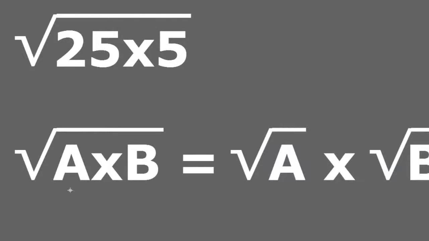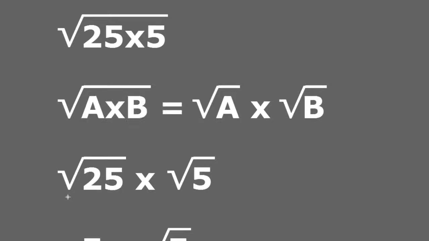For example, if I have 25 multiplied by 5 in the radicand, I can rewrite that as the square root of 25 multiplied by the square root of 5.